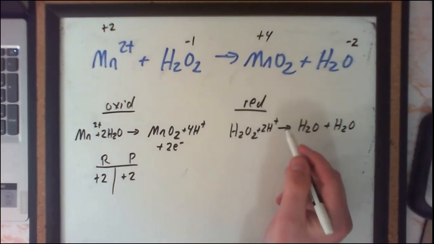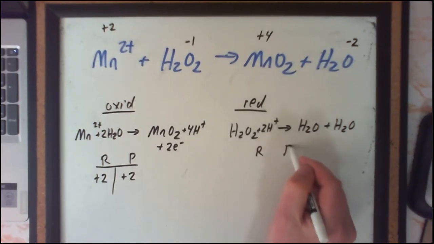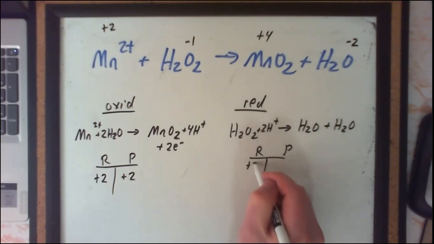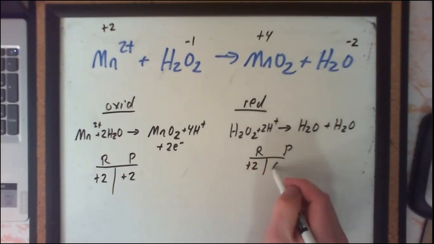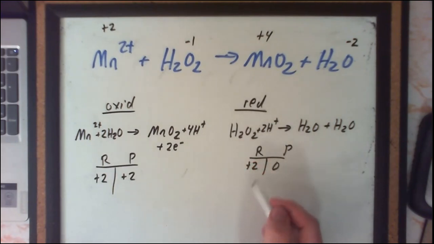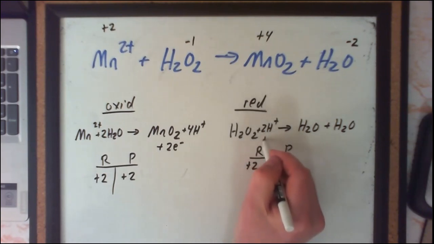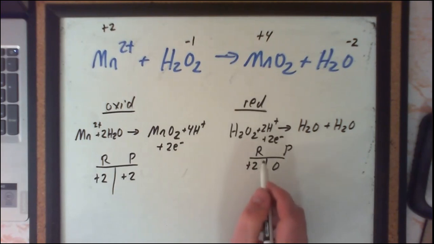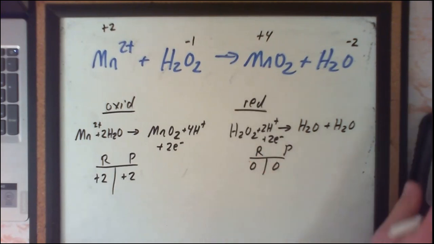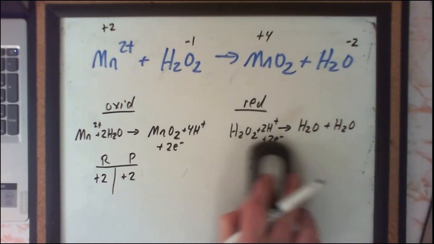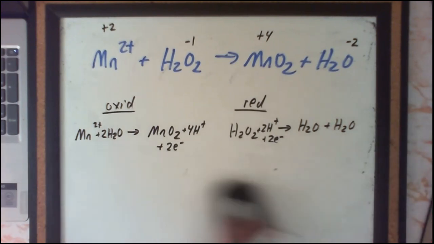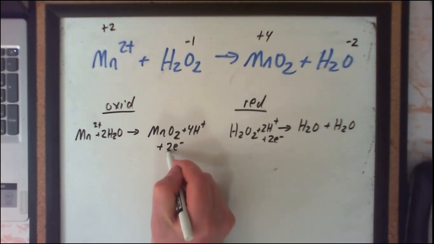For the reduction half reaction, we have +2 total charge on the reactant side versus 0 on the product side. So all I can do is reduce charges. I can reduce charges by adding 2 electrons to the reactant side here to give me 0 and 0. So now I have 2 half reactions that are both mass and charge balanced.